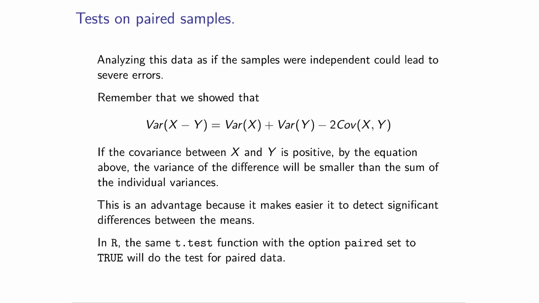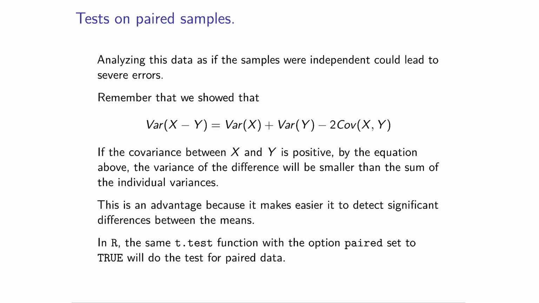Now remember that a while ago we showed that the variance of the difference is equal to the sum of the variances minus twice the covariance between x and y. If the covariance between x and y is positive, this equation says that the variance of the difference will be smaller than the sum of the individual variances.